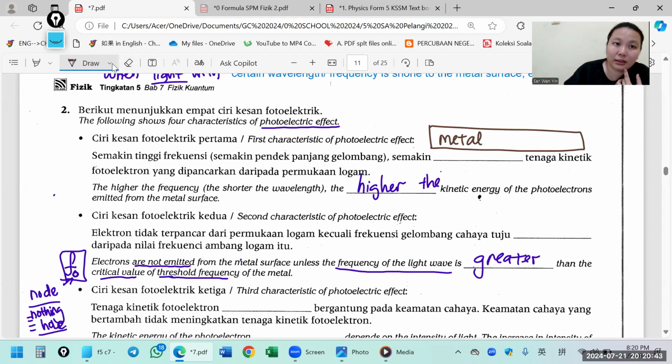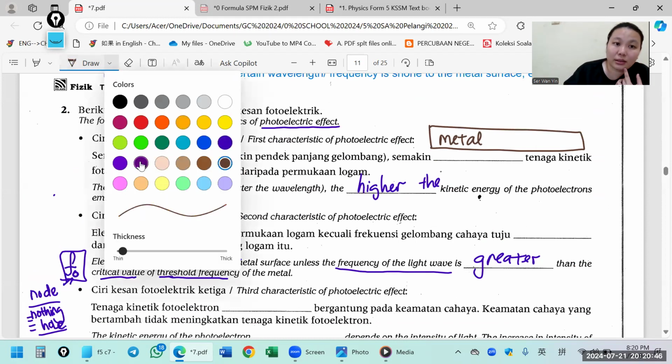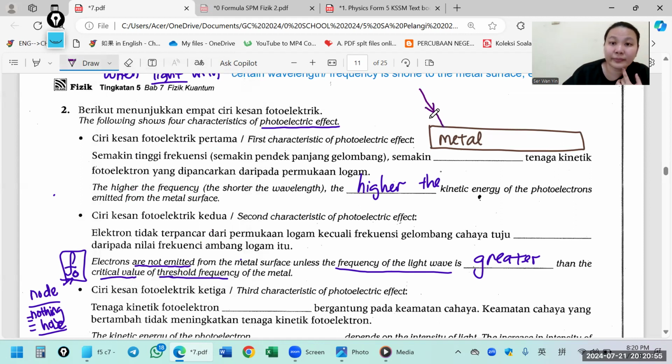Metal. Then what light is the best? Purple. Not purple, we call it violet. Okay, so E equals hf, photon energy. Violet light has the highest frequency, so it has the highest photon energy. Let's say 10 joules.